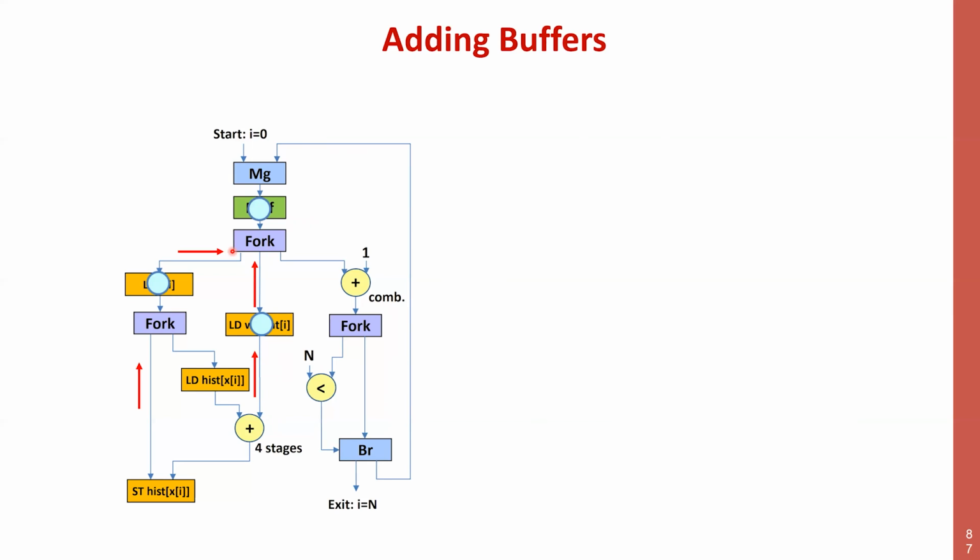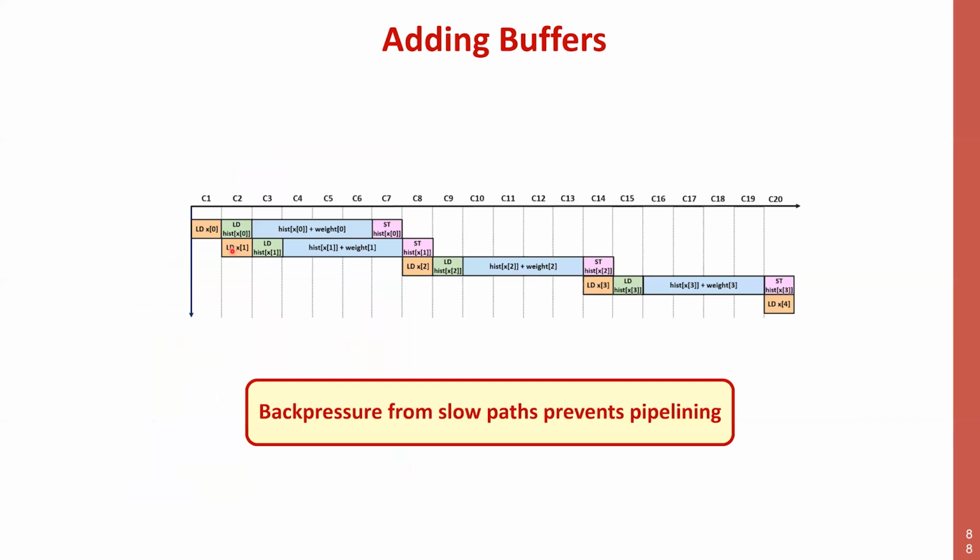So the circuit doesn't advance, and the concrete result is that the token does not trigger a new iteration. This is what we get in terms of timing diagram. Initially, the first time everything went well, but after the first time, it doesn't start a new iteration at all until everything is finished in the previous one.